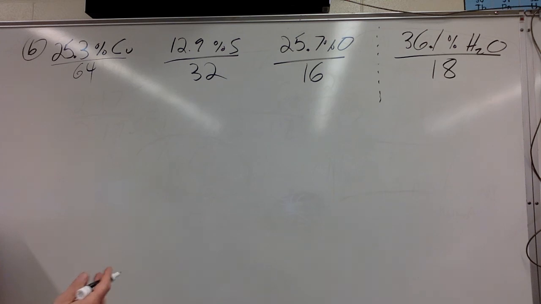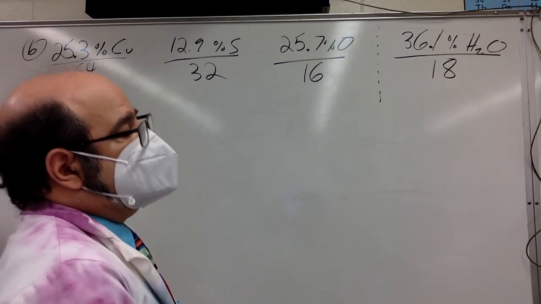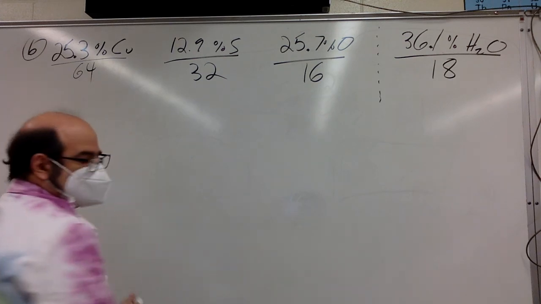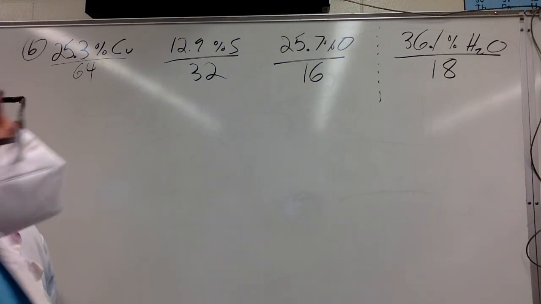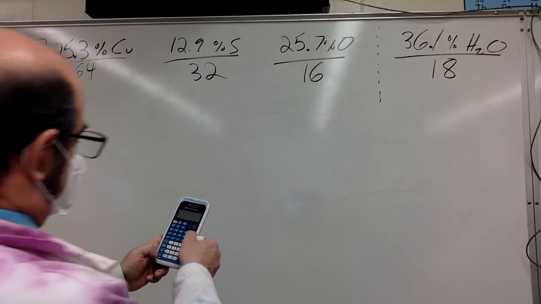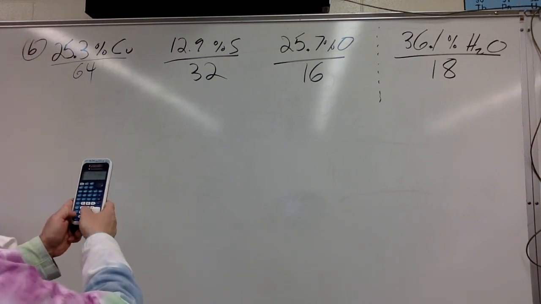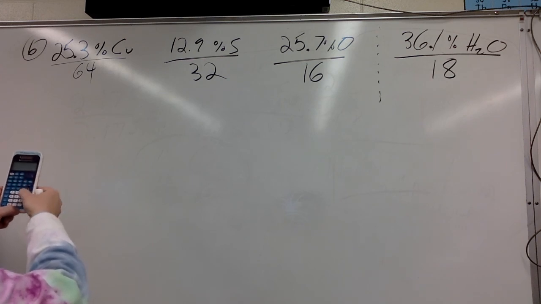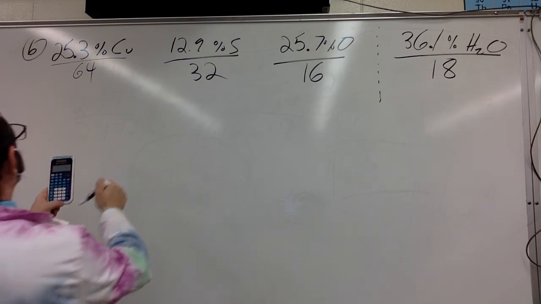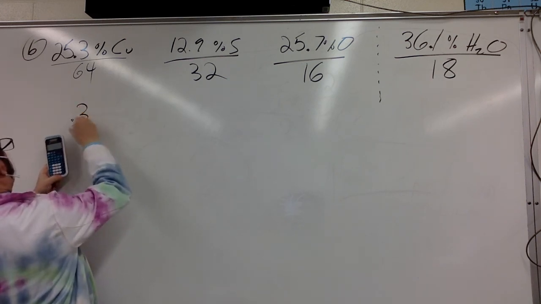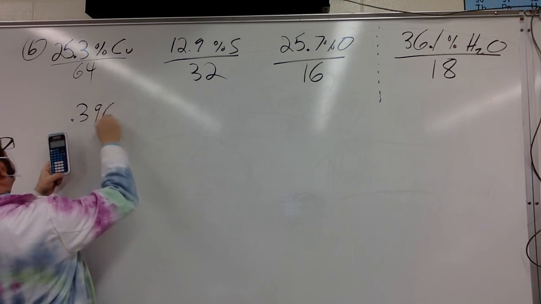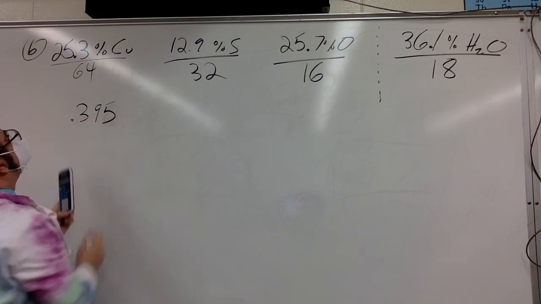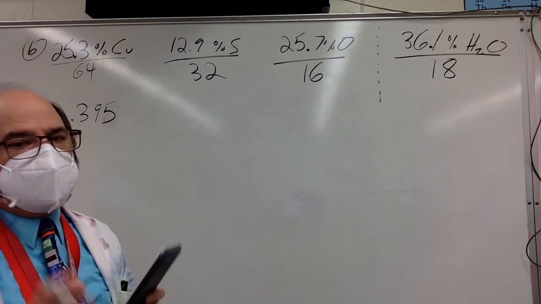So we do what we were doing before finding the empirical formula, same thing. So we take out our calculator because I can't do this in my head. We have 25.3 divided by 64 gives us 0.395. Close enough. 0.395. Those are moles, but it's okay.